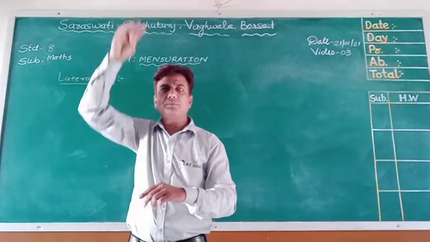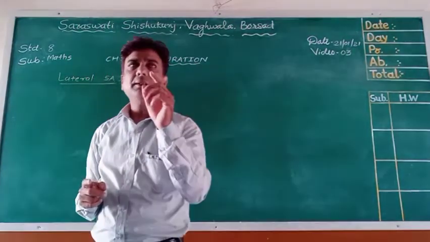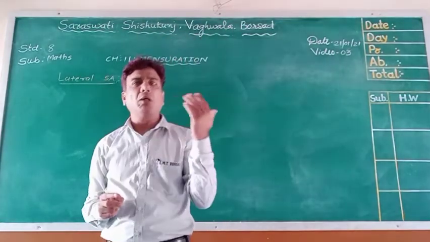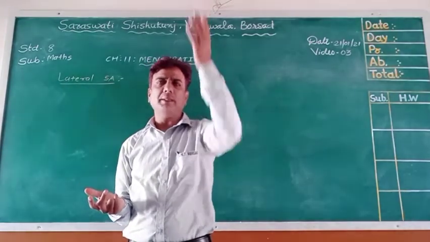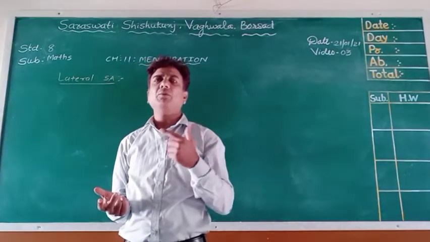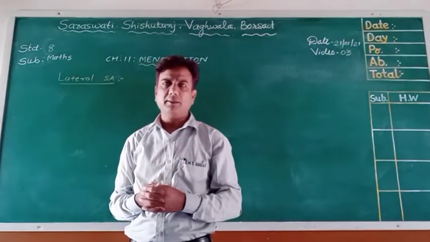Sometimes we have to calculate only the area of 4 walls. At that time we remove top and bottom both, so in those cases we find only the lateral surface area.